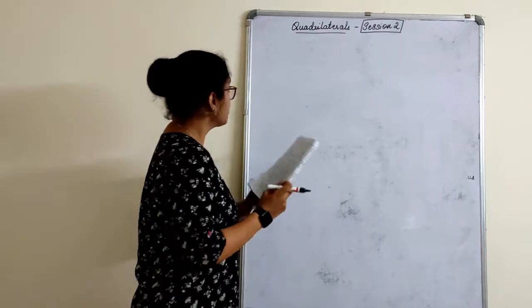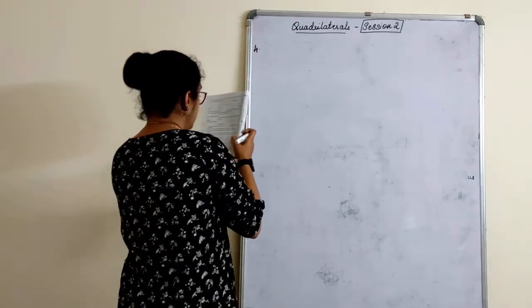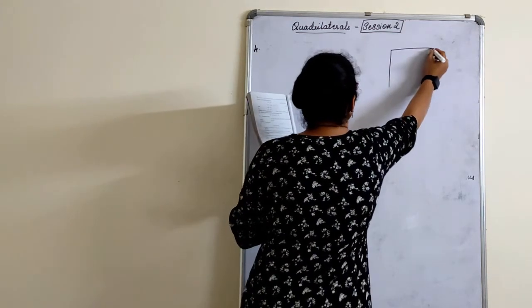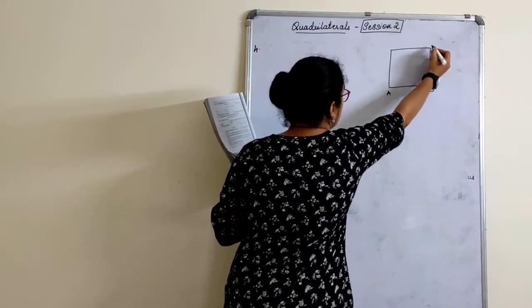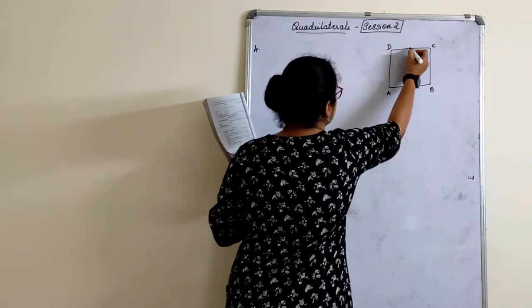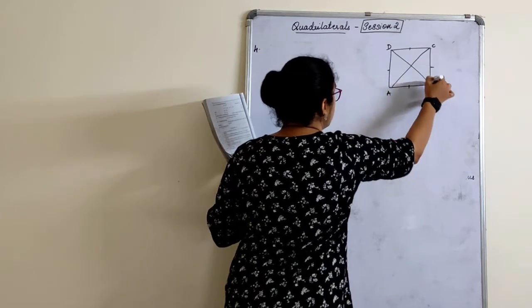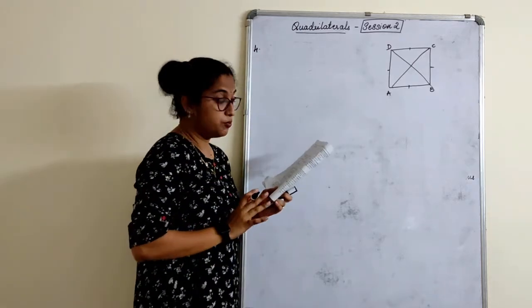So we'll only consider ABCD is a square. We only know that it is a square and all the angles are equal to 90 degrees. All the sides are equal. That's the only information we know. Diagonals are equal and they bisect each other perpendicularly. That we have to prove separately.